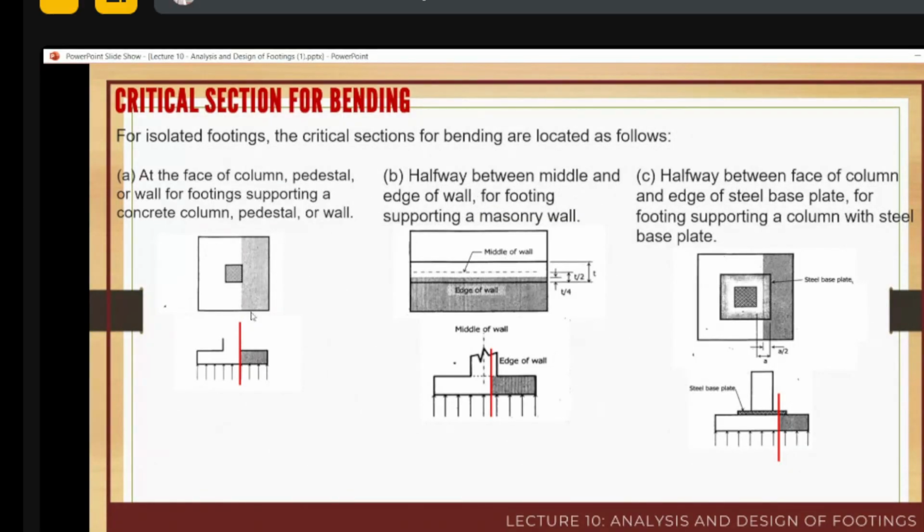So at the surface of the wall, if it is a masonry wall, from the center, it is halfway from the center of the masonry wall and then towards the edge of the wall, so at the center of that.